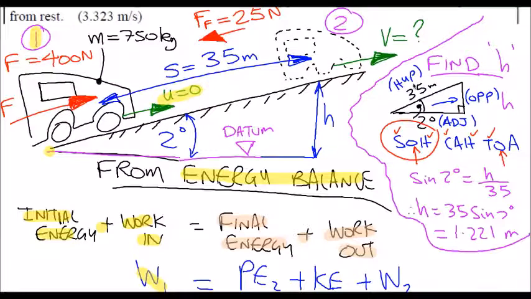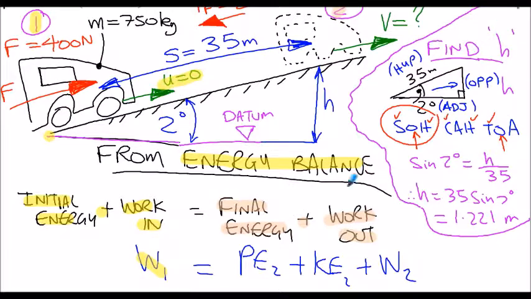If we now consider position 2, when the vehicle is at the top of the incline, at height h above the datum, we can now clearly see we have potential energy as the vehicle now has some height above the datum. We have kinetic energy because the vehicle is moving, we're trying to find the velocity.